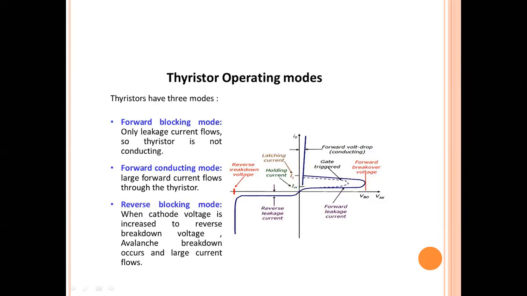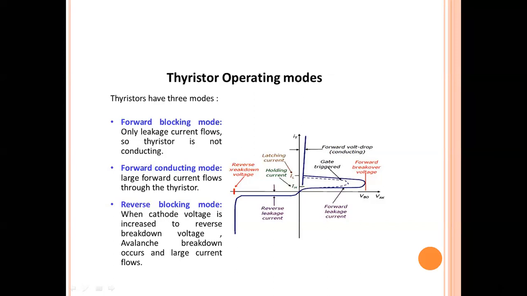Considering the other P layer and N layer, that is junction J3, this junction J3 is also forward biased. Coming to junction J2, it lies between the P layer on the bottom and the N layer on the top. In this case, the N layer is more positive than the P layer, so junction J2 is reverse biased.